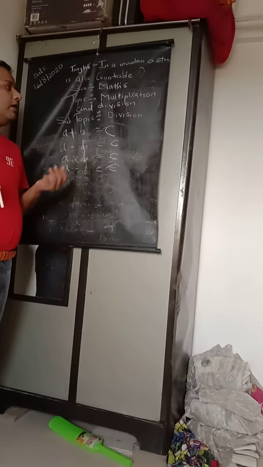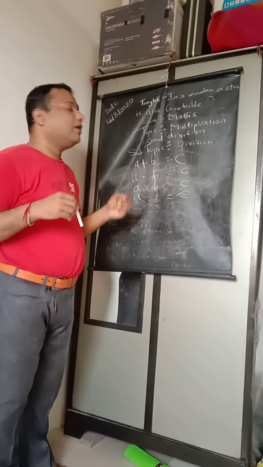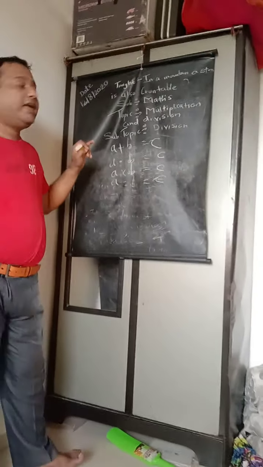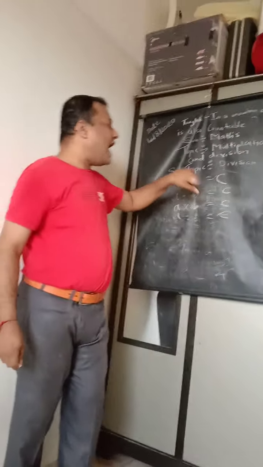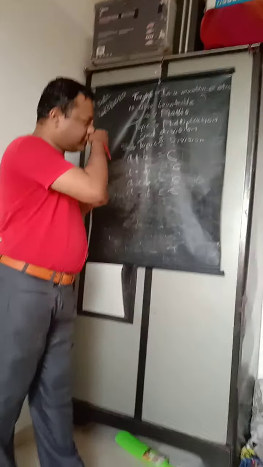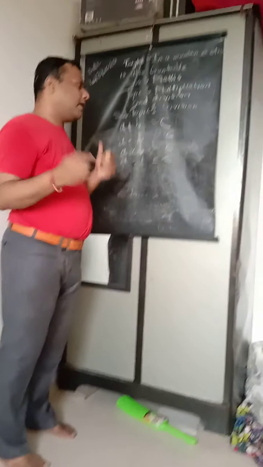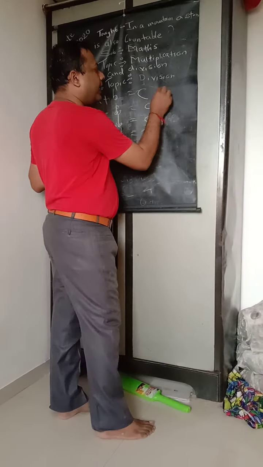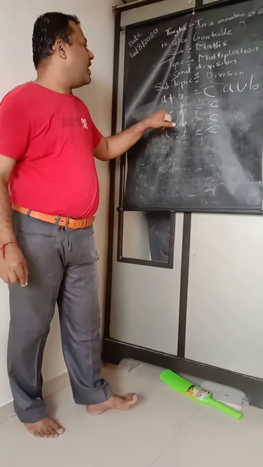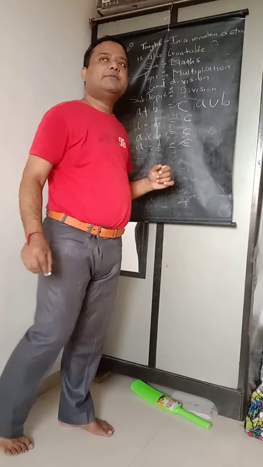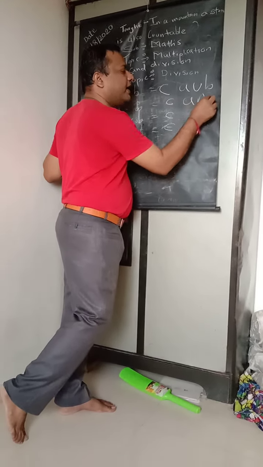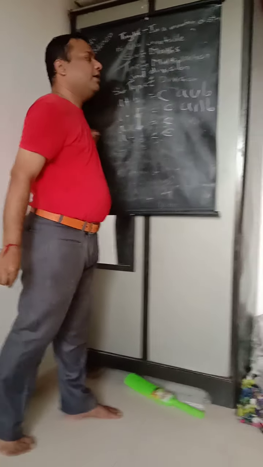Now if you go for a gimmick of science, we can say that a plus b means a and b. It is not in your standard, but in your upper class you say a union b. Then a minus b, in upper class you can say a intersection b. This is logic.